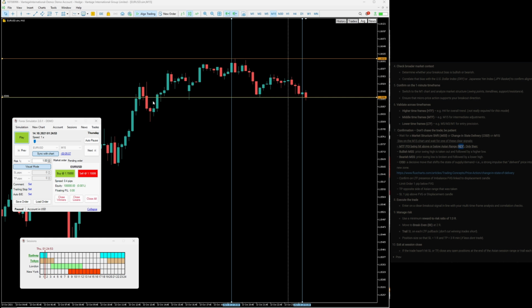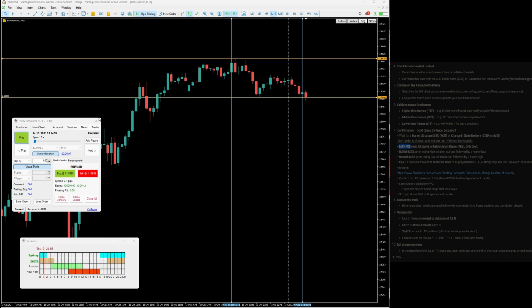Below the Asian low, we have an imbalance, an FVG. This is a POI on the mid time frame. This FVG, for me, the market is going to try to reach the FVG since it's already broke liquidity of the Asian range, and it's going to move up counter what it just did.